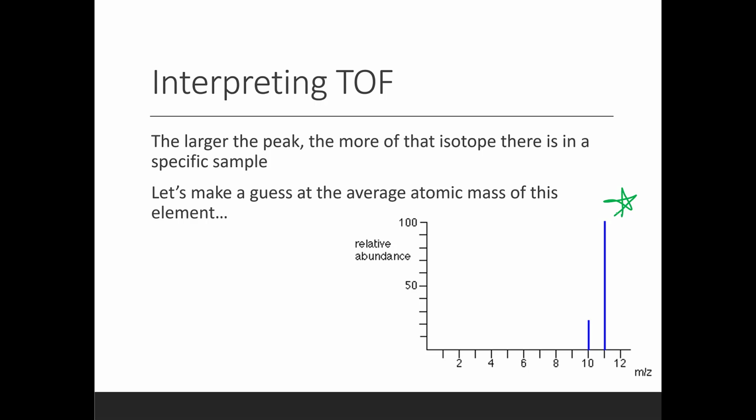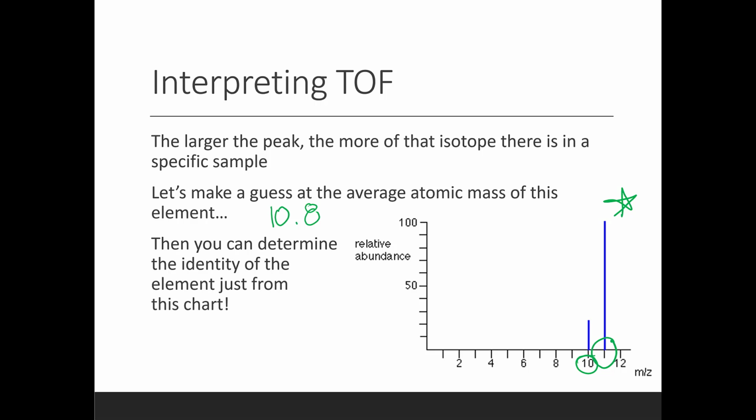So here we see one very large peak around 11 and then a smaller peak around 10 AMU. If we make a guess at what that average atomic mass might be, it might be 10.8, right? It's going to be close to 11, but that mass from the 10 isotope is going to bring it down a little bit.